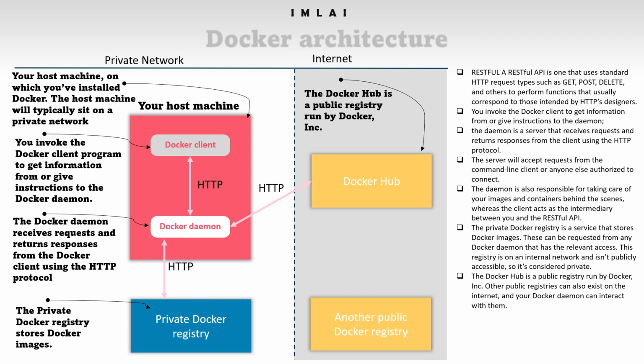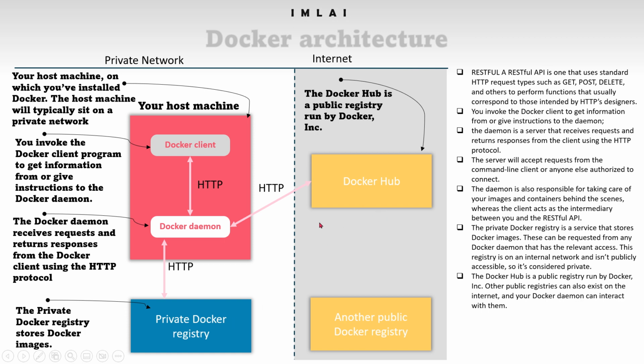Now let's demonstrate this one more time before we go to the next slide. I will use the Docker client, and using the Docker client I say docker pull some image name. Then the Docker daemon comes into action and fetches or pulls that Docker image from either Docker Hub or a private Docker registry.